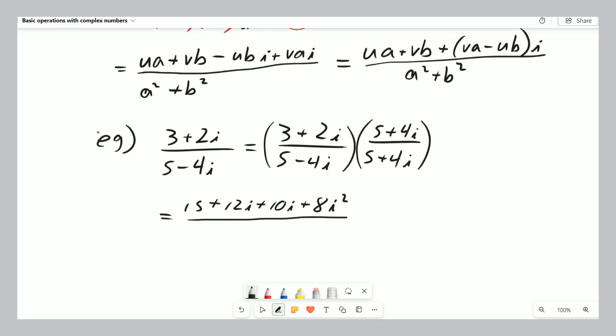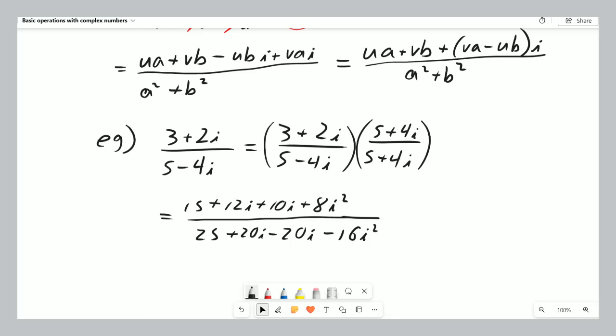Then in the bottom, we have 5 times 5, which is 25. And we have 5 times 4i, so plus 20i, negative 4i times 5 minus 20i, and it's going to cancel out, so you can even skip writing that down. And then we have minus 16i squared.